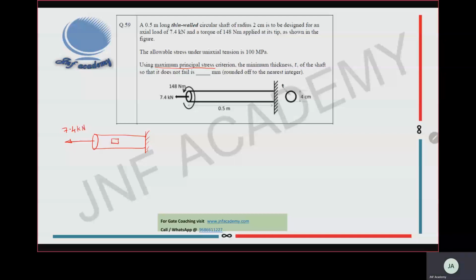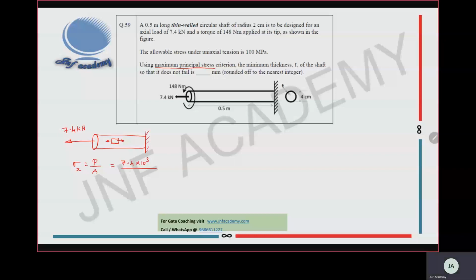If you take the element over here, the stresses will act like this. Since it is uniaxial tension, I can use the formula sigma is equal to P by A. Longitudinal direction, I am taking it as X. 7.4 kilonewton, right? So 10 power 3 I am using.